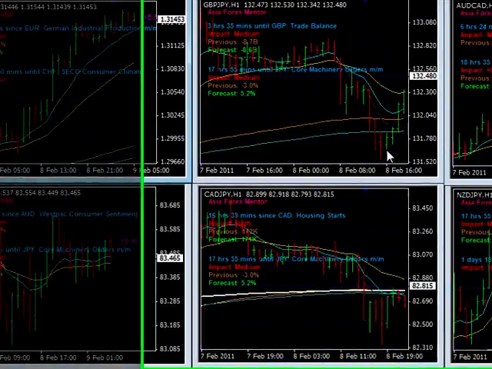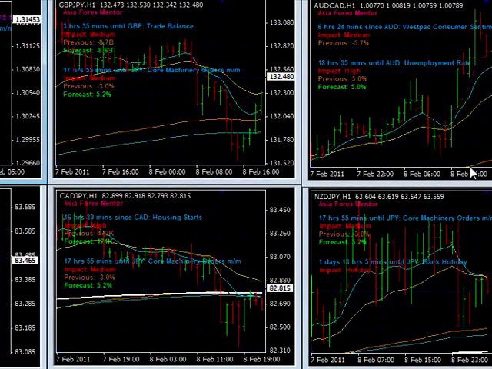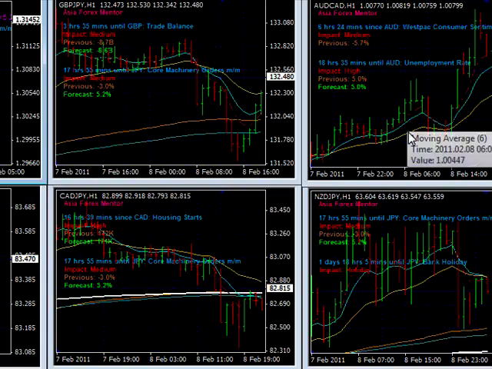The next pair we can look at is the Aussie CAD, the 1 hour chart. The 10 is above the 25, so the trend is up.